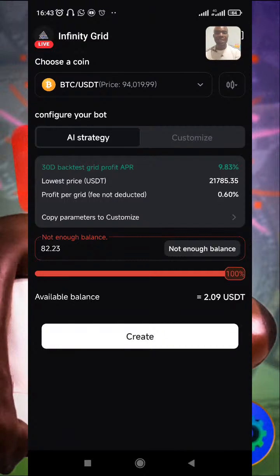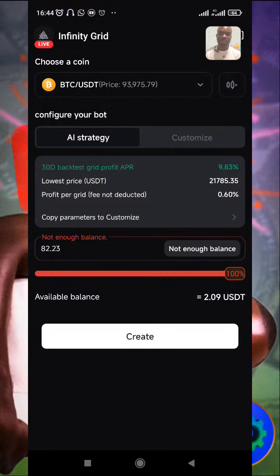You can use the AI strategy or you can use your own custom parameters. So when you go with the AI strategy, you can see it's 30-day back tested. Grid profit APR is 9.83%, and then it will automatically set your lower limit. The profit per grid on AI strategy will always remain at 0.6%.